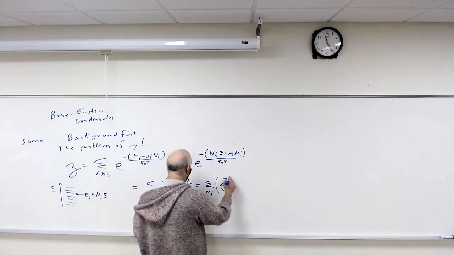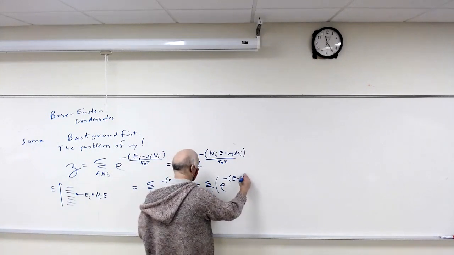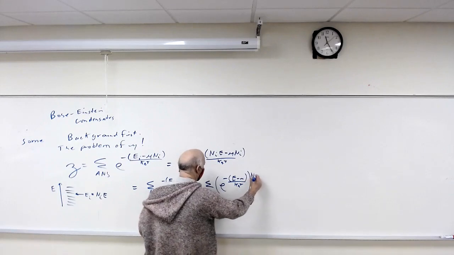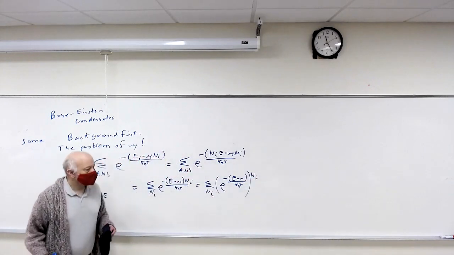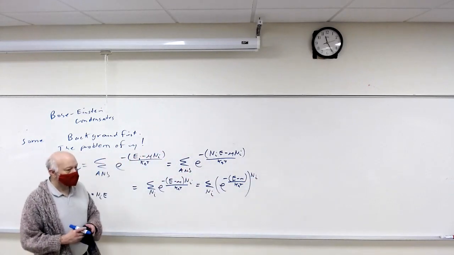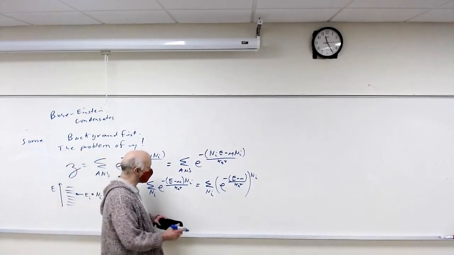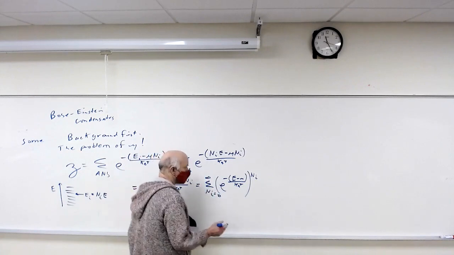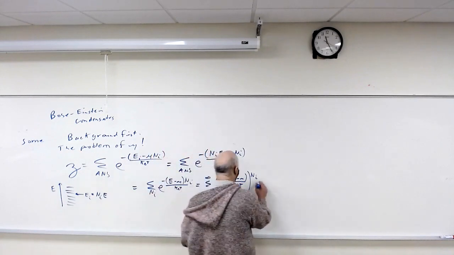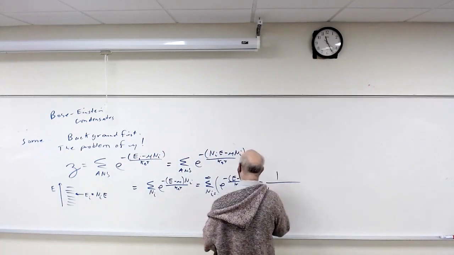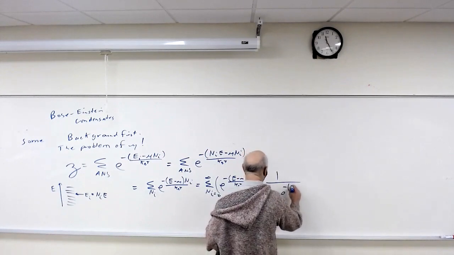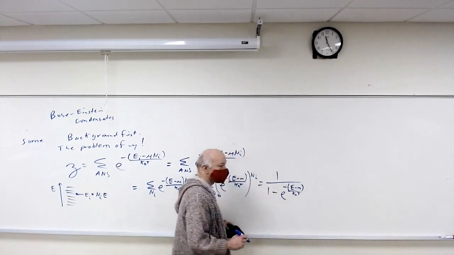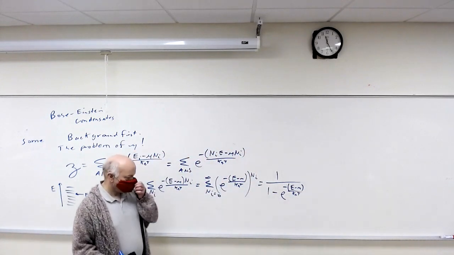We said that this is really that. Okay. And we did that sum. Remember, the sum goes from 0 to infinity. When we did that sum it ends up being 1 over 1 minus e to the minus (E minus mu) over k_B T. Remember that?